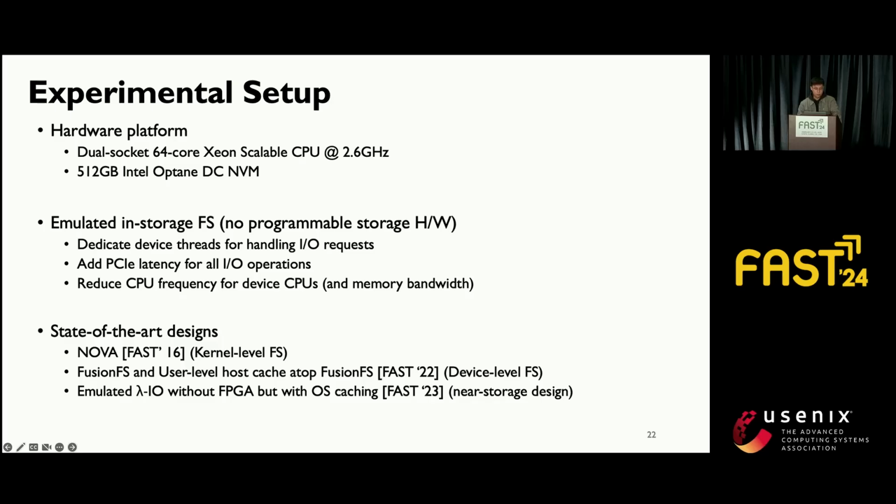We compare with the following state-of-the-art designs: Nova, which is a kernel-level file system, and FusionFS, and we build a user-level host cache atop FusionFS to represent the device-level file system. We also emulated Lambda I/O with OS caching, which represents the near storage design.